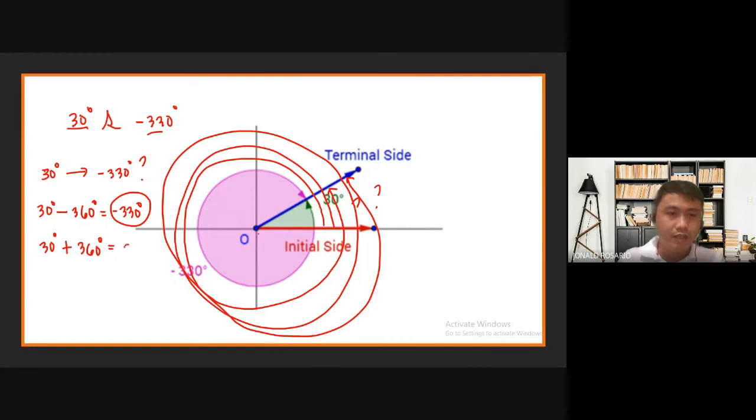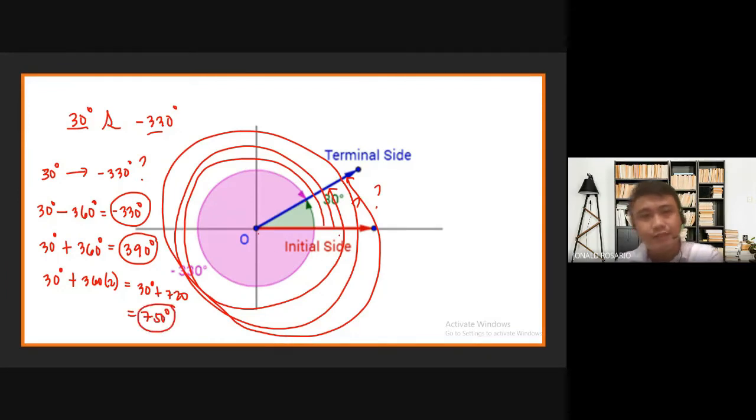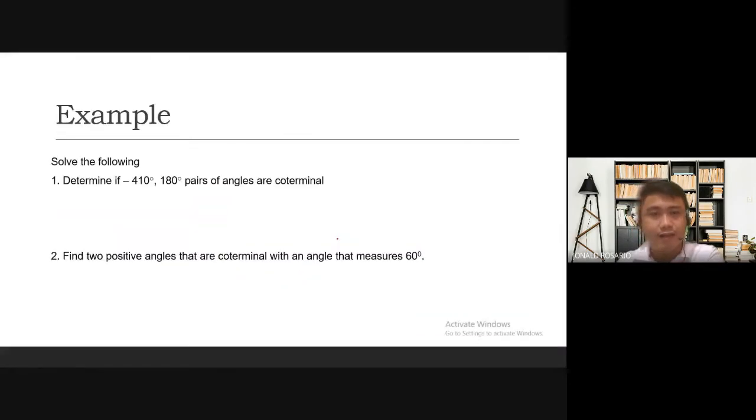So, 390. Kung gusto nyo pa, since dalawang ikot yung kanina, so multiple 360 times 2, di ba? Kasi dalawang ikot eh. Nagdagdag tayo ng dalawang ikot, so times 2. So 30 plus 720. So we have 750 degrees. So ganun lang. So that's how it is. It's called coterminal angles.